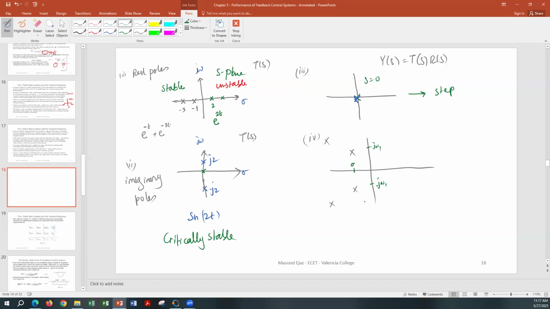So you have sigma plus j omega 1 as this pole, and sigma minus j omega 1 as this pole. And again, as we know, this is a second order system. So this is going to result in an exponentially decreasing sinusoidal function.